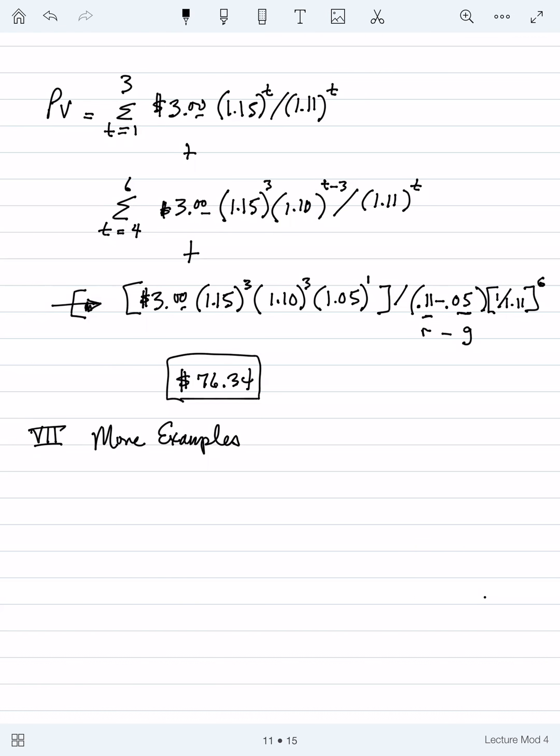Let's say it's the end of 1989, and a firm has an earnings per share of $1.50. Let's say it's now the end of 2001, a bit later, and the earnings per share is $6.50.